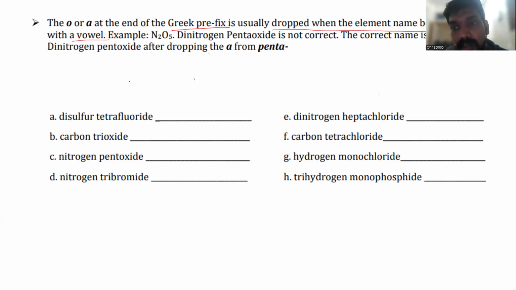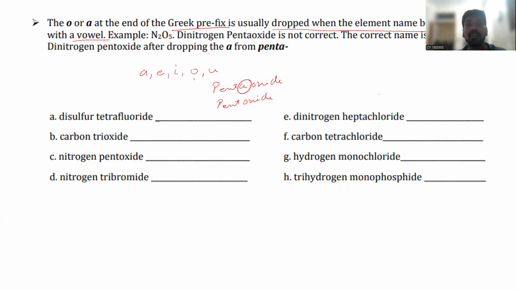Suppose the element name starts with A, E, I, O, U. Like oxide: we don't write pentaoxide. We omit this A. It will be pentoxide.